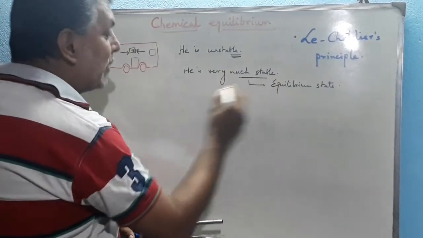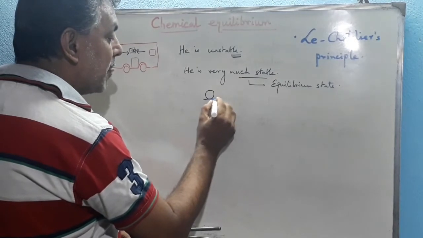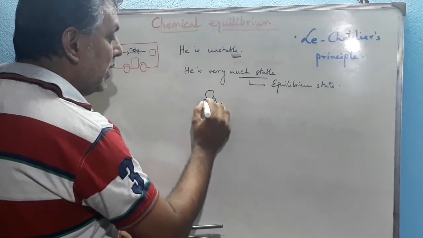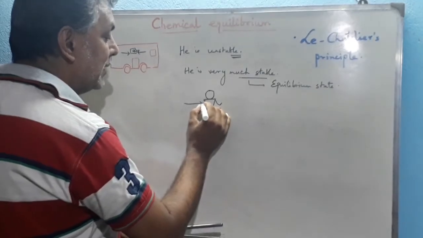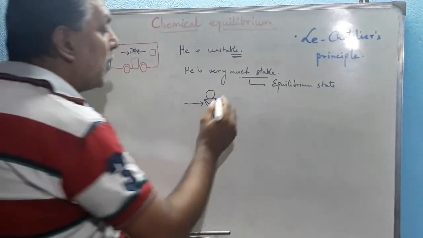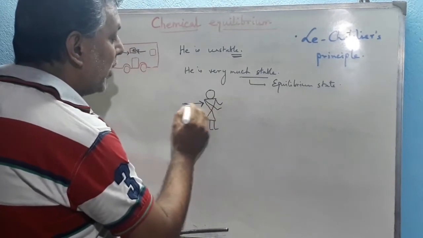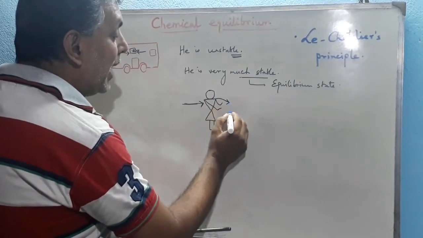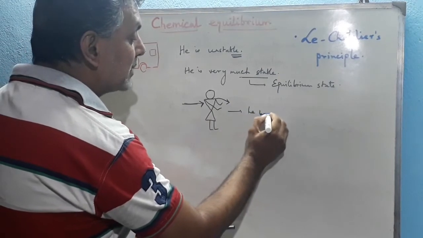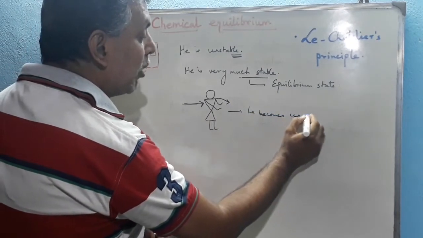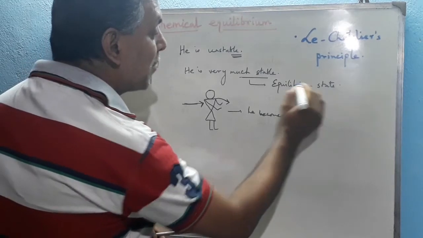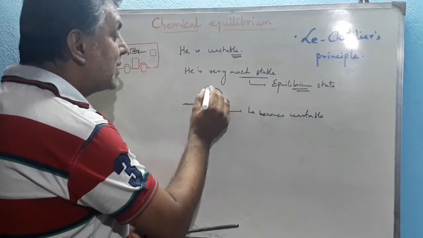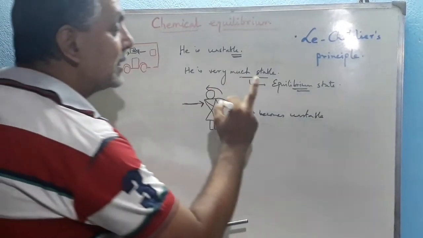Now see this, suppose this is the person; after reaching that state, he suffers an extra pressure from this side. He is very much stable here, but suddenly he suffers some extra pressure from this side. So he will be bent at that side, and now he becomes unstable, because he has shifted from his most stable state, which is called the equilibrium state, and now he has a tendency to return to his initial state, which was his equilibrium state.